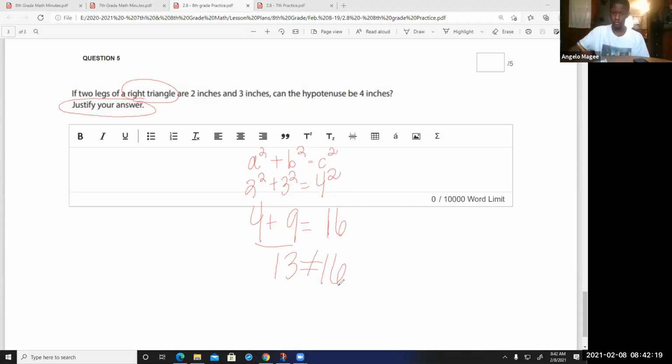So what can we say? No, it cannot, because it does not support the Pythagorean theorem.